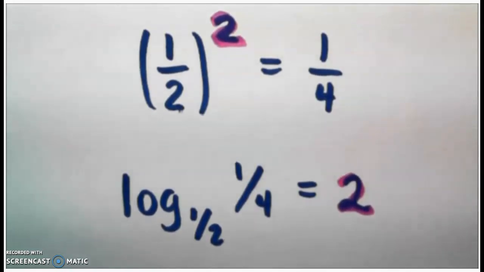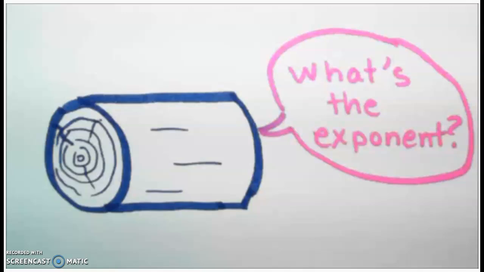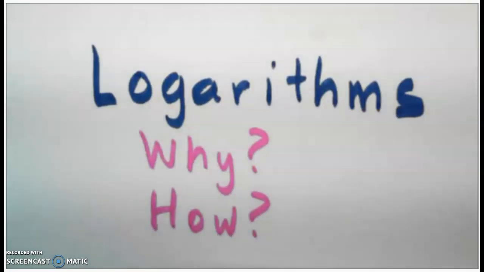When the base is 1/2, the exponent has to be 2 in order to get 1/4. Logarithm asks, what's the exponent? We use logarithms to deal with really big and really small numbers at the same time. How do we do it? By asking, what's the exponent?